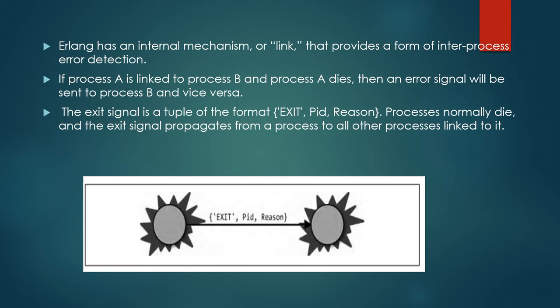In Erlang, a process can be linked to multiple processes, and if a process dies, then an exit signal will be sent to all other processes linked to it. In this slide at the bottom, we can also see an illustration where a process is sending its exit signal to its linked process.